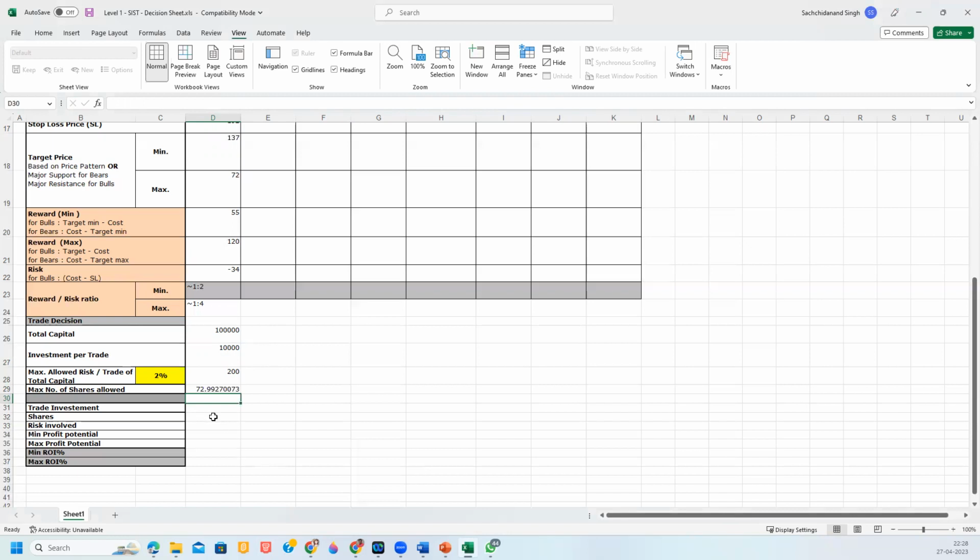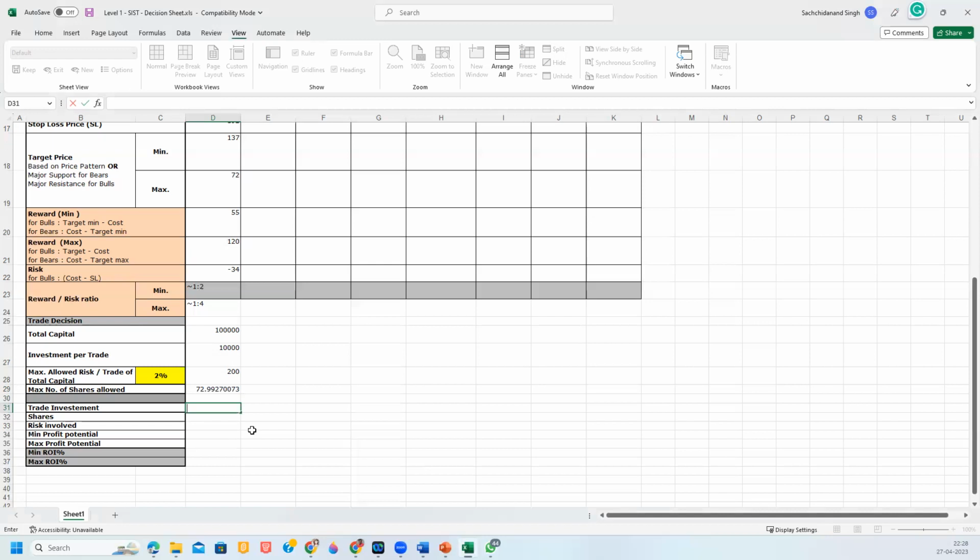Right. And similarly, depending on trade investments, how much will be the maximum we are planning to purchase? I have a question here. The maximum number allowed: how is it related? The allowed risk is 2%, that is fine. So there are two ways to calculate that. One is that we can calculate based on risk percentage.